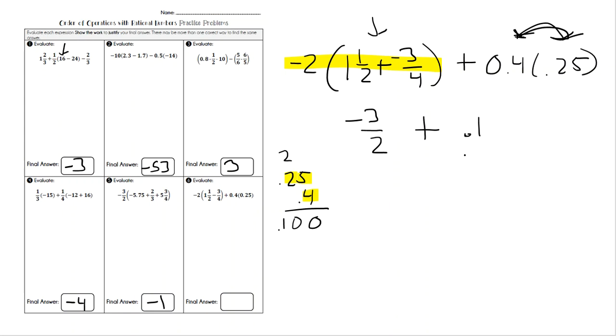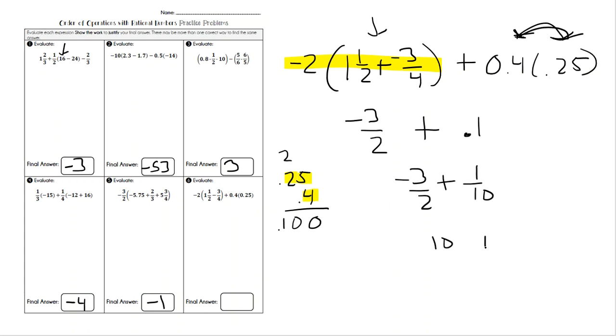Okay? Now, in order to add a -3/2 with a 0.1, we can either change them both to fractions or we can change them both to decimals. I'm going to change them both to fractions because 0.1 as a fraction is just 1/10. That's pretty easy.